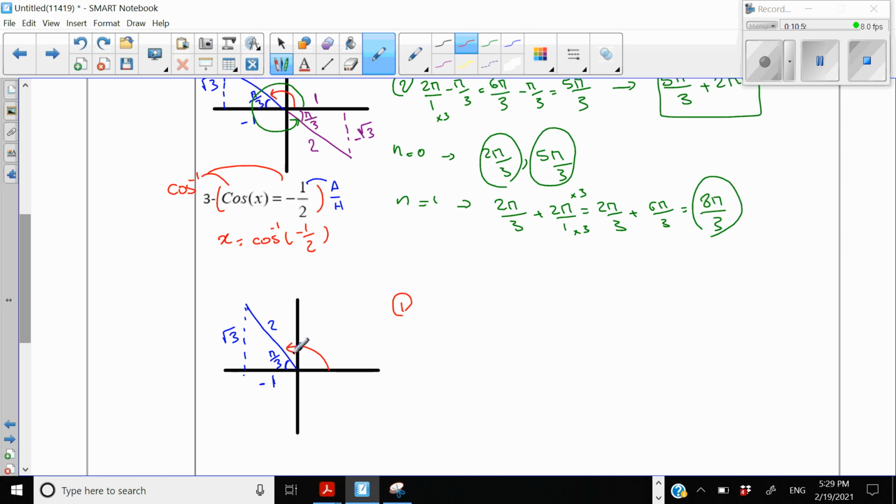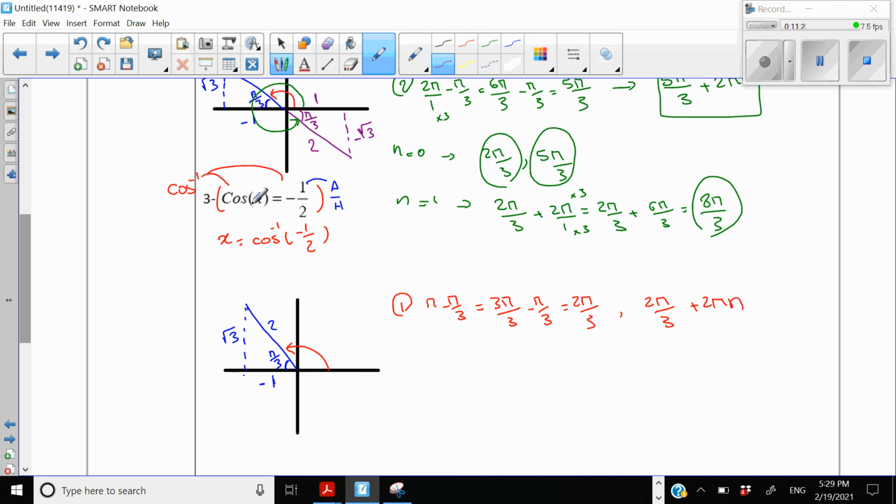So to find this distance, I take the half circle, subtract pi over 3 from that. So it will be 2 pi over 3. Now, what is my general solution? 2 pi over 3 plus 2 pi n.